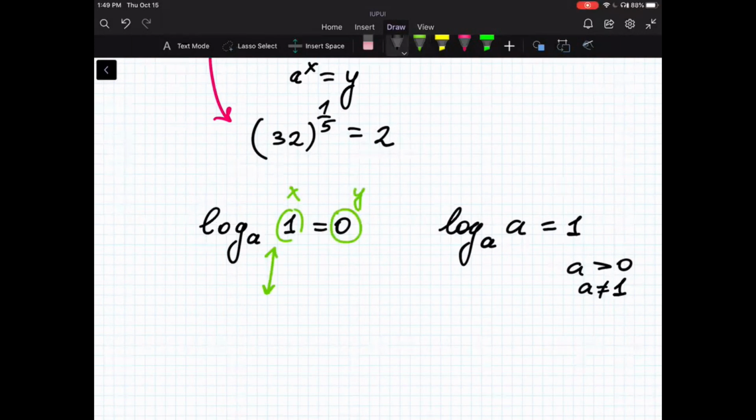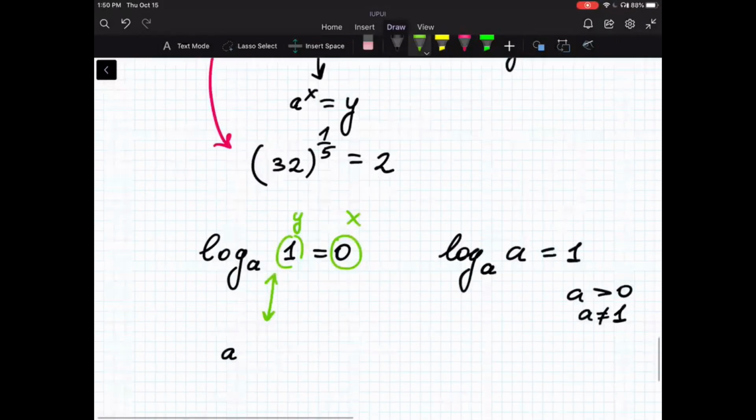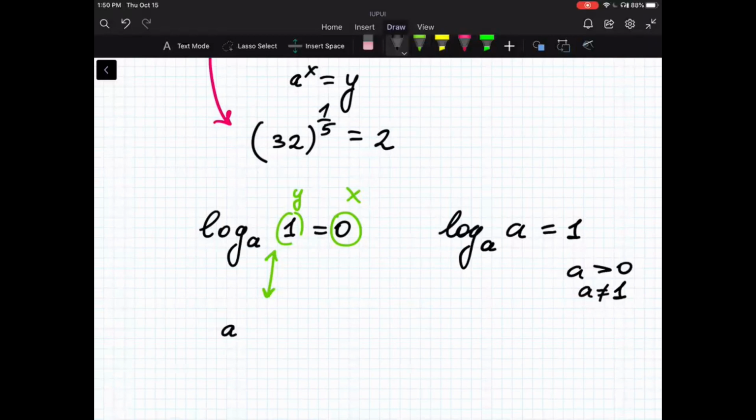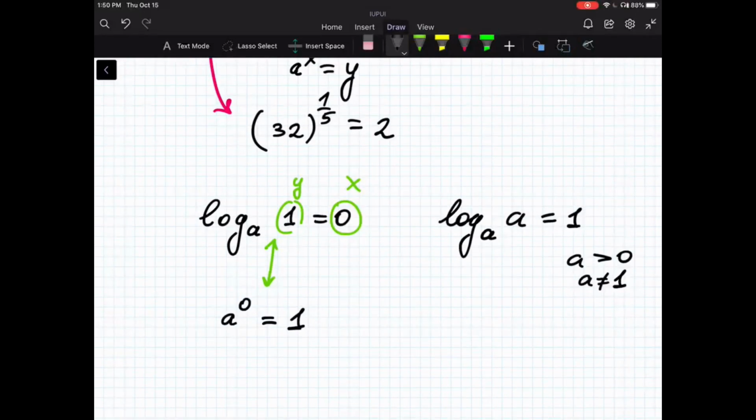So that will correspond to the equation a to the power x, which is 0, should be y, which is 1. And of course, we know that any number to the power 0 is 1. So it's indeed correct. That means that the initial one is also correct.